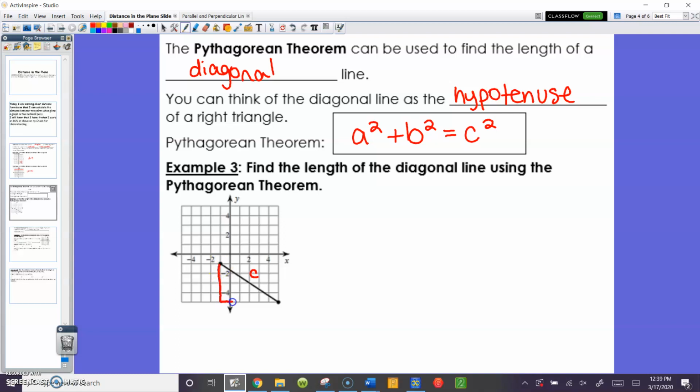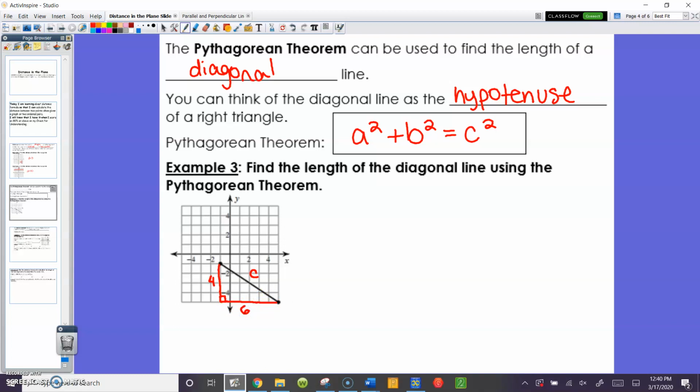So I'll create a right triangle from each point. We've already learned how to find the length of a vertical line, so we're just going to count 1, 2, 3, 4. And the length of this horizontal line is 1, 2, 3, 4, 5, 6.